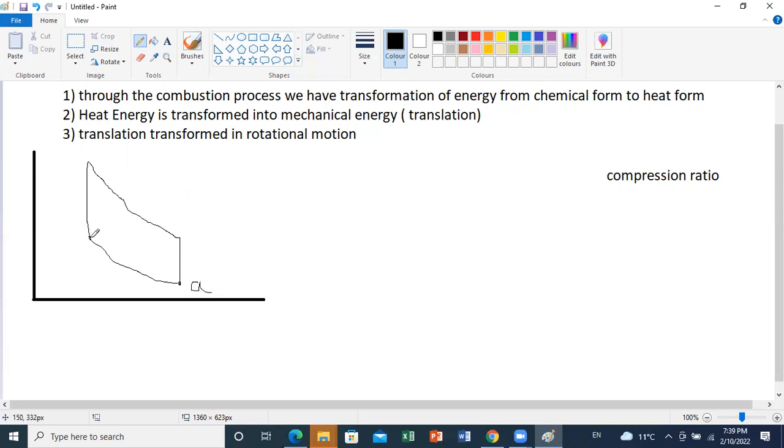This is point C, end of compression. This is Z, end of combustion. And this is point B, corresponding to end of expansion. Now we said that during this phase P over T is constant, so I can write that PZ over TZ is equal to PC over TC.